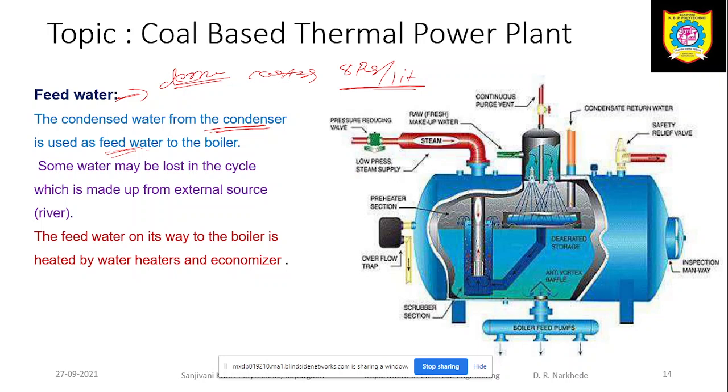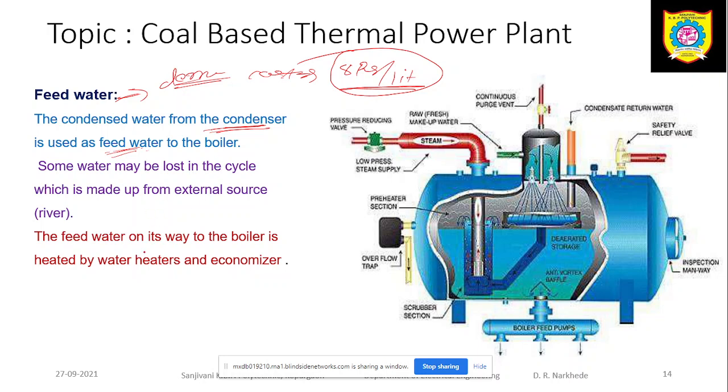Okay, and because of this, the chances of corrosion and all these things are going to be reduced. And for this purpose, the processing cost is up to 6 to 8 rupees per liter. Okay, so this cost may vary from location to location, depending on the soil and all these things, and what type of water is available at your location. So it is roughly between 6 to 8 rupees per liter, the processing cost of the water.